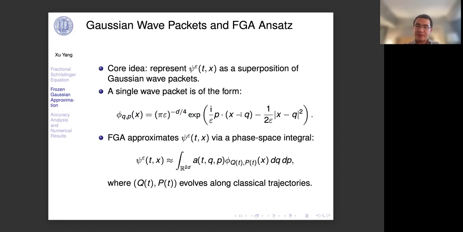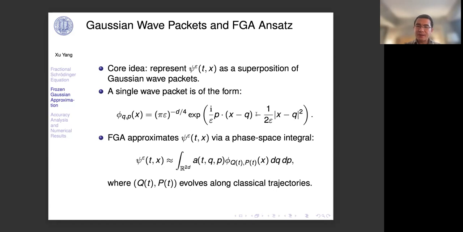This function is very oscillatory, right? So we apply Euler's formula: e to the i s will be cosine s plus i sine s, and this s is like p times x over epsilon. When epsilon is small, this is like 100 px or 10,000 px, depending on how small epsilon is.